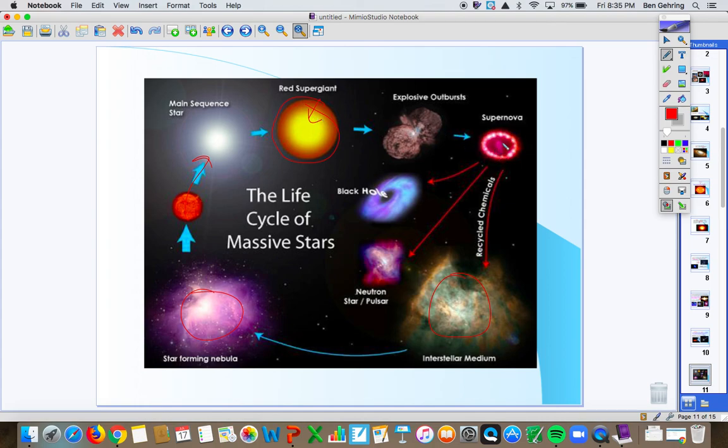Smaller stars don't have quite as big of a supernova as others do. Or I guess this is all massive stars. So we had a red supergiant, and then we get supernova at the end. It will either lead to a black hole, a neutron star, or a pulsar, or the material will just hang out here and will eventually form a new star when this all comes together again. Those are your possible outcomes for a massive star.